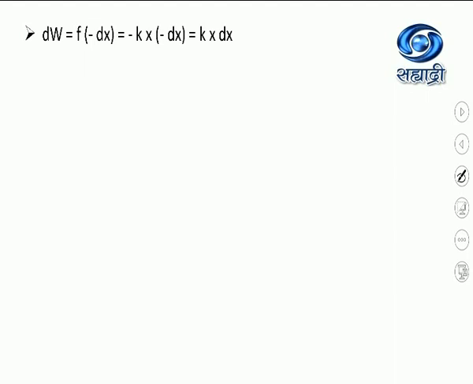As we know F is minus kx, it is substituted over here as minus kx, and minus minus becomes plus. Hence, the work done to displace the particle further from P to P prime through an infinitesimal displacement dx is dw, which is kx dx.